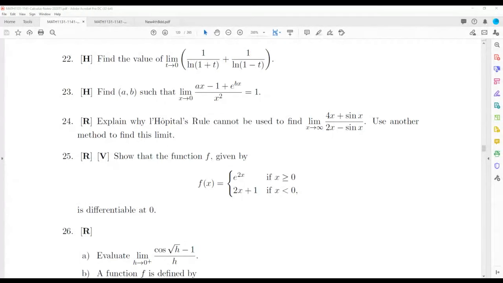So let's have a quick discussion of that. Explain why L'Hopital's rule cannot be used to find this limit. Have a think about it, everyone. Why does L'Hopital's rule fail for this particular question?